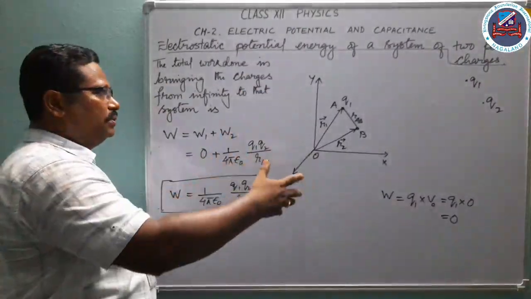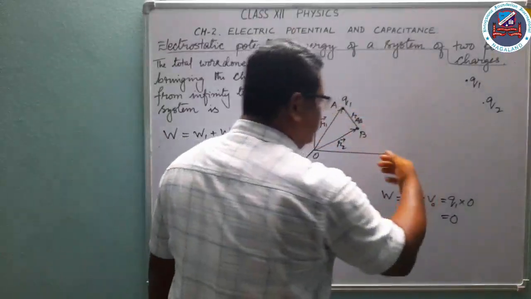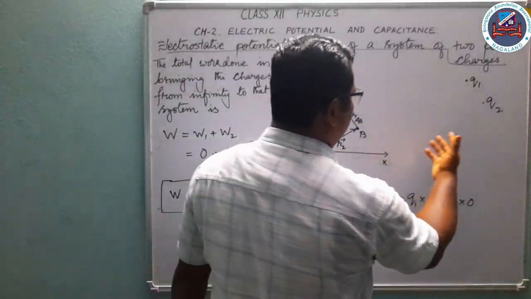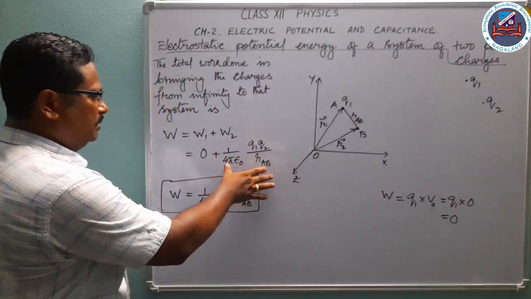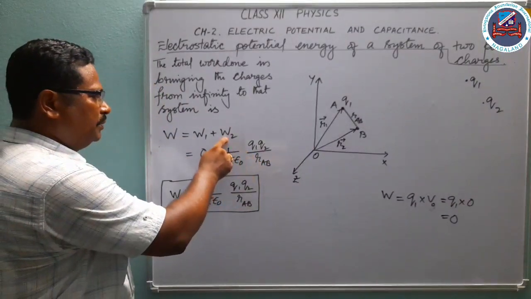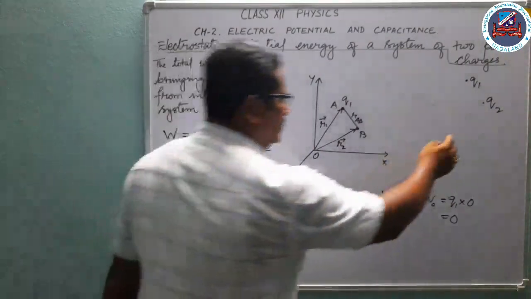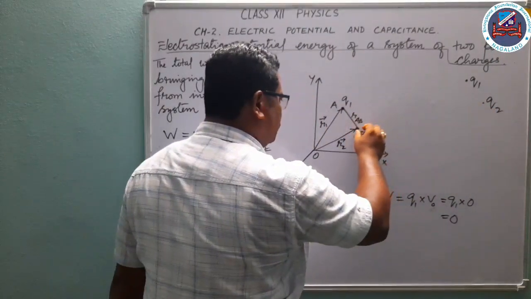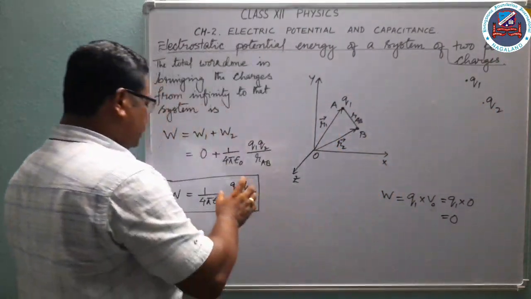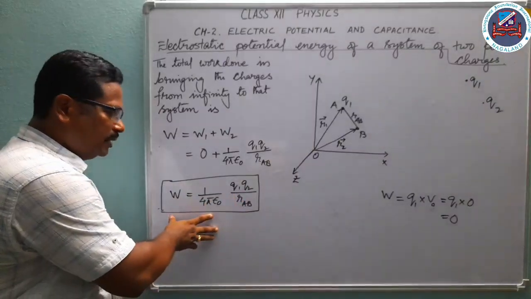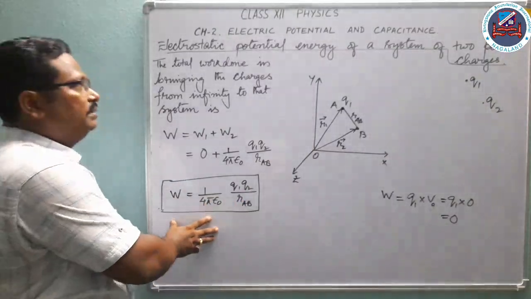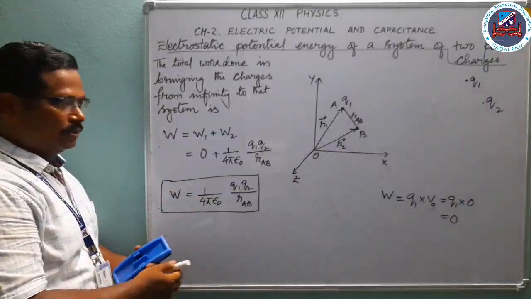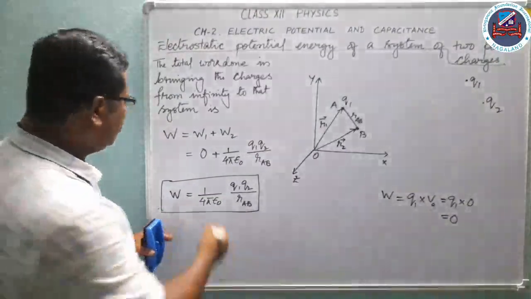But when we talk about two charges that we brought, it means the maximum work you have done. Here you can see the expression, work is done in bringing the second charge. This work that we have done to bring the charge from infinity to this point gives us the measurement of electrostatic potential energy of a system of 2-point charges.